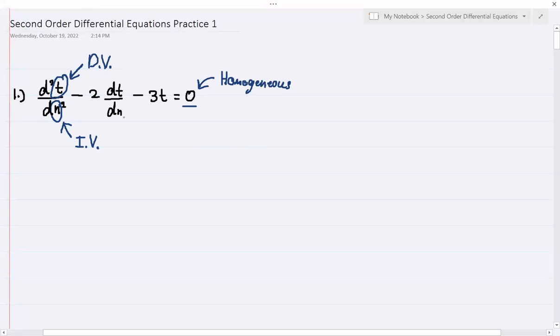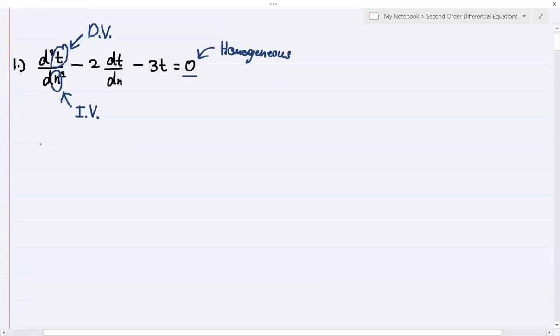Okay, so first things first, you need to convert this whole equation into the operator form. Oh yeah, the operator form. There you go.